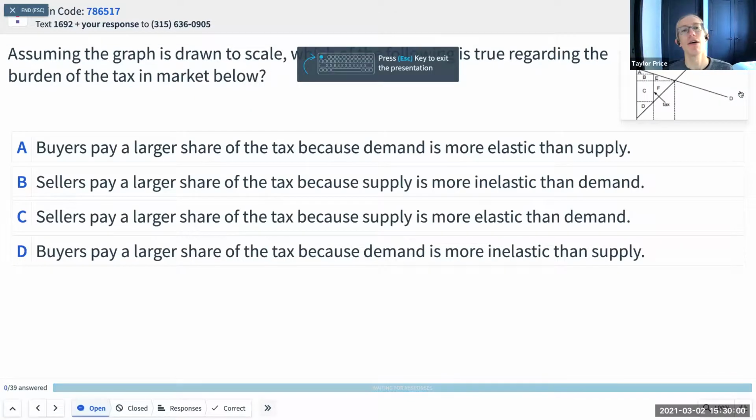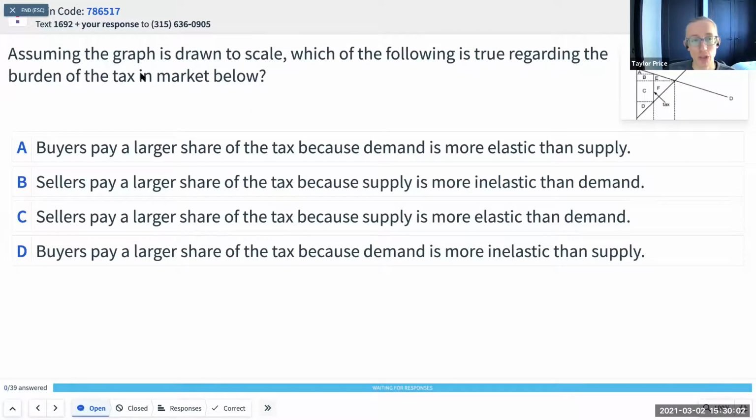Okay, so this question is asking, assume the graph is drawn to scale. Which of the following is true regarding the burden of the tax in the market? So remember, here we're thinking about the burden of taxation and how that burden is shared between buyers and sellers.